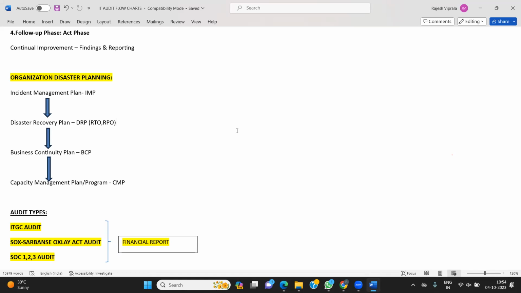Correct, Rajesh. So that means the organization has faced the incident, the organization has reacted to the disaster, and the organization has planned how to continue even after the disaster. That means they should have learnt a lesson, right? Because of this incident and disaster. That is what the PDCA cycle says. Whatever you plan, you implement, then you check it.